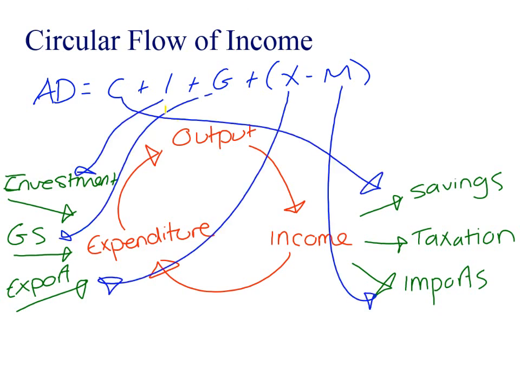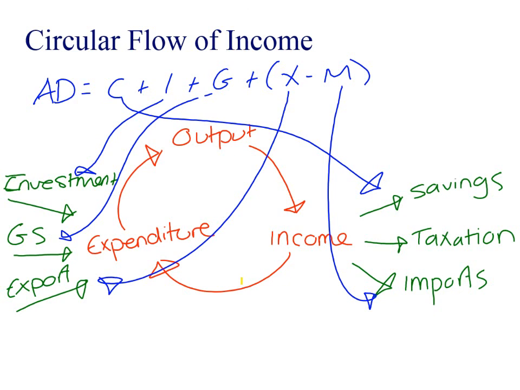Consumer expenditure, or consumer spending, is the expenditure part of your economy, and it's determined by your disposable income. We've got income, but you minus out savings, taxation and imports to get what you're actually spending, and then investment appears there, government spending's down there, exports are there, imports are there as well.